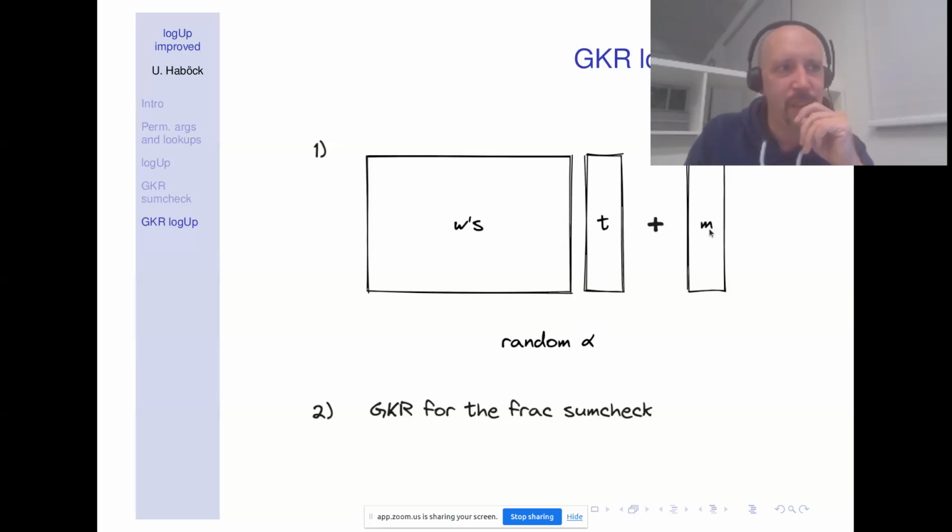What is sparse, in a sense of representation, is that the multiplicities are small values. I wouldn't call it sparse, so it's not in the sense of a sparse polynomial commitment scheme. This column consists of typically small values. It depends on how large the multiplicities are; at maximum, as many elements as you have for the lookup. Fair enough.